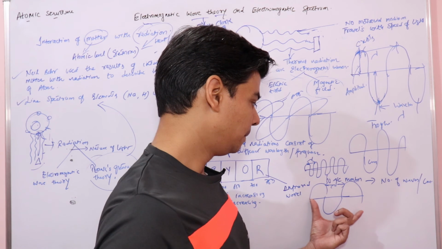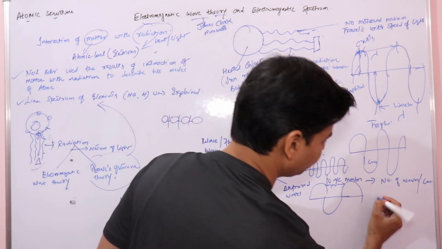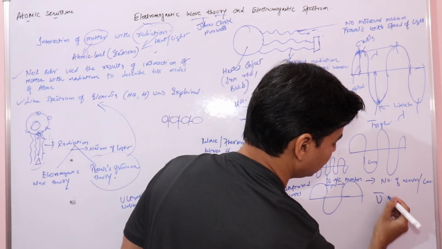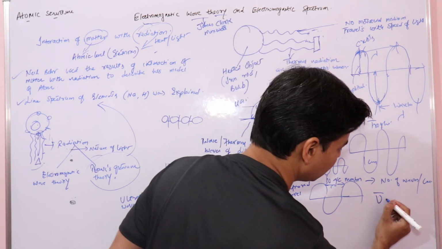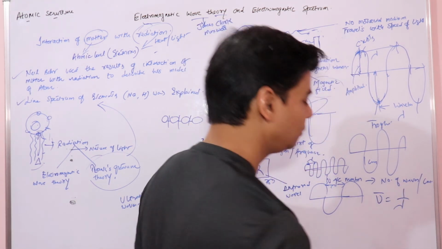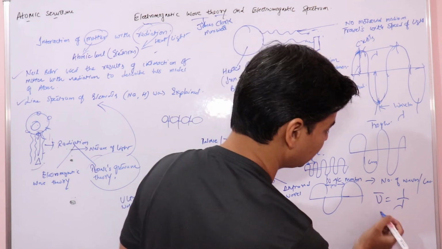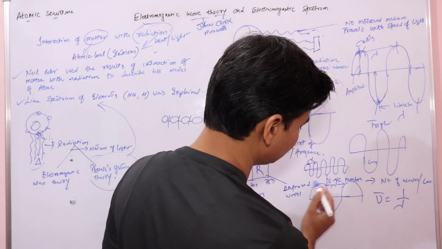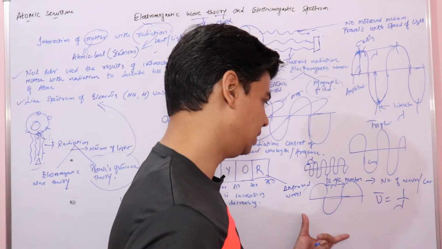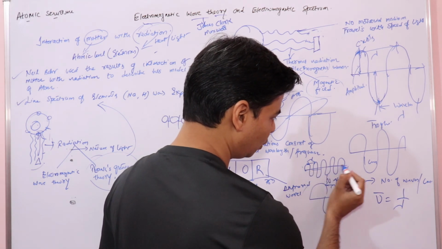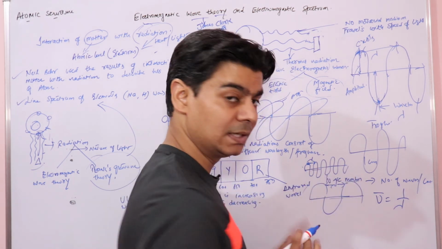So wave number, denoted by nu, is inversely related to wavelength, right? The more the wavelength, the fewer the number of waves per centimeter. Here you see you have more waves, so wavelength is less.